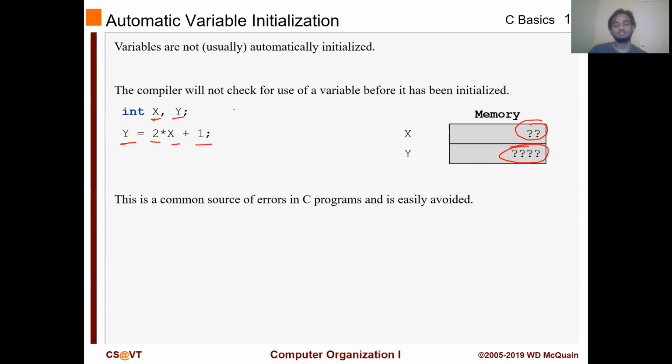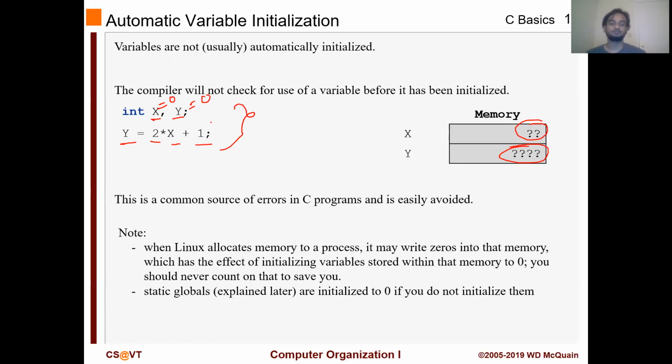If you try to run this code, it's going to be a weird value every time. So whenever you're working in C and you have variables, make sure you explicitly initialize them. Otherwise, they are going to have a very weird output and you do not want that. This is a very common source of error in C programming, and you should always be careful about it.